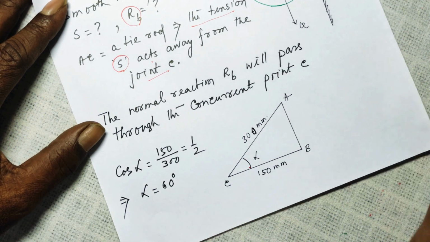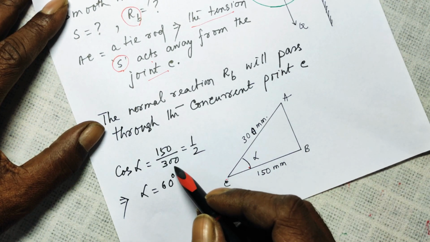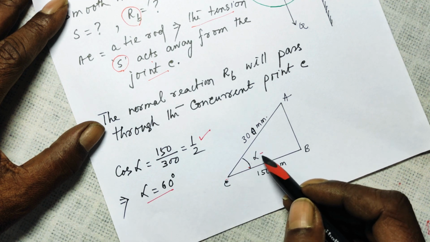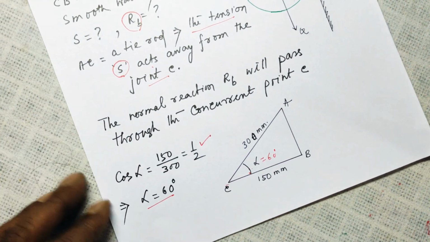So cos of this angle will be base over hypotenuse, that is 150 over 300, which comes out to be half. So this angle is equal to 60 degrees.